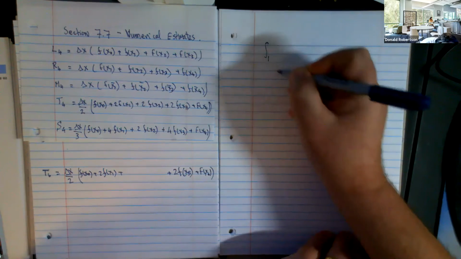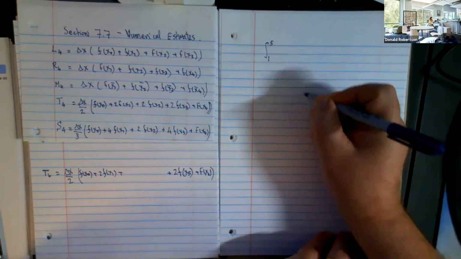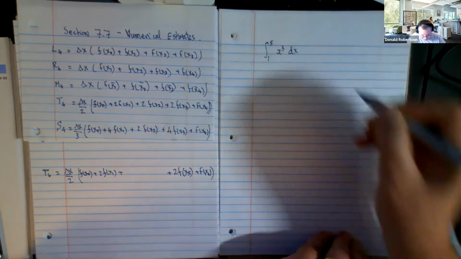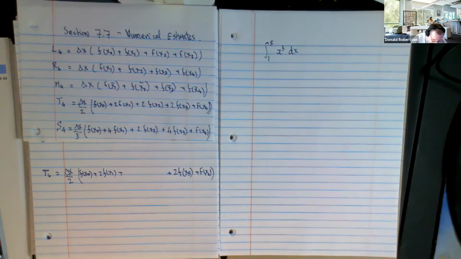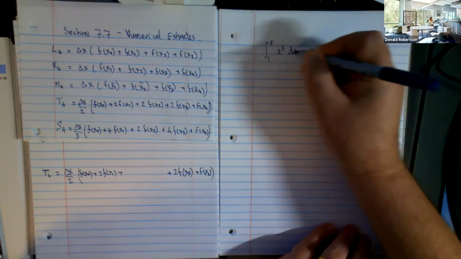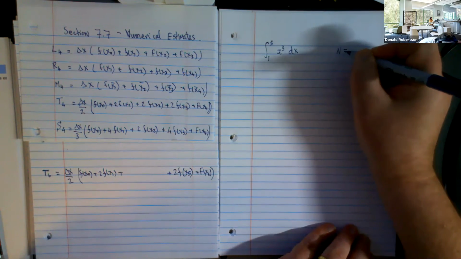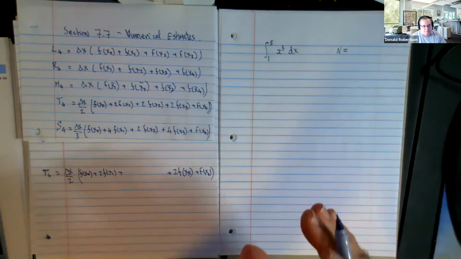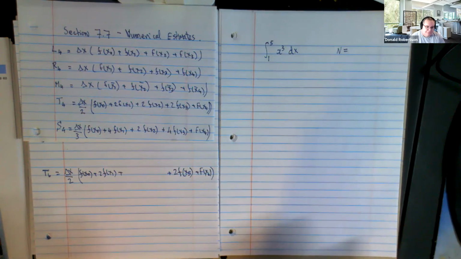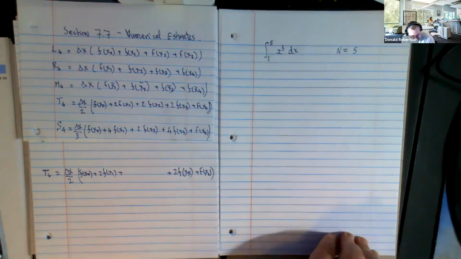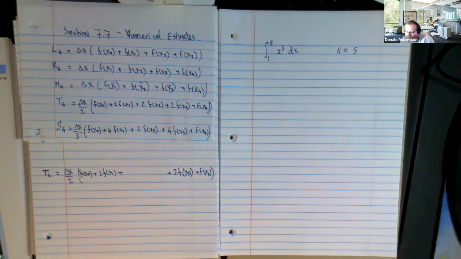And I'll do it from 1 to 5. And the function I'm going to do is a pretty easy one, so I don't have too many buttons to press, is x cubed. And we're being asked to do it with five strips. I just want to pick something a little bit awkward so you don't get perfect numbers.